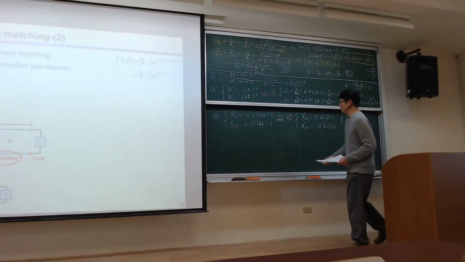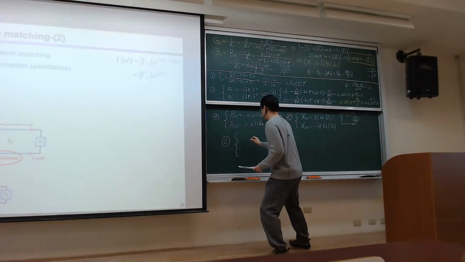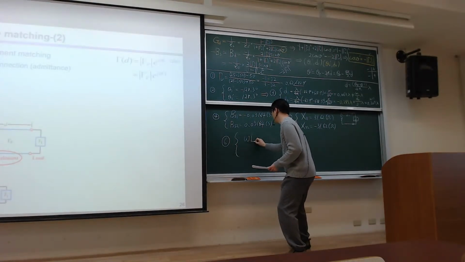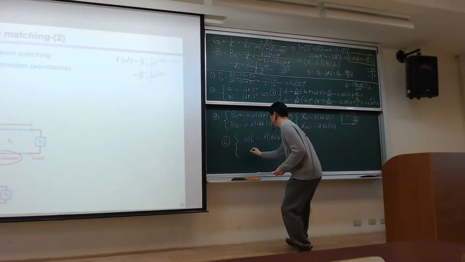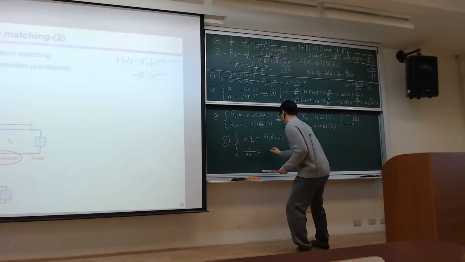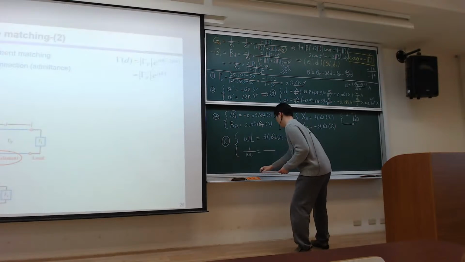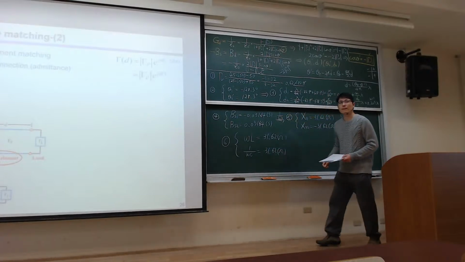So omega L equals 31.62 ohm, and 1 over omega C equals 31.62 ohm, right?